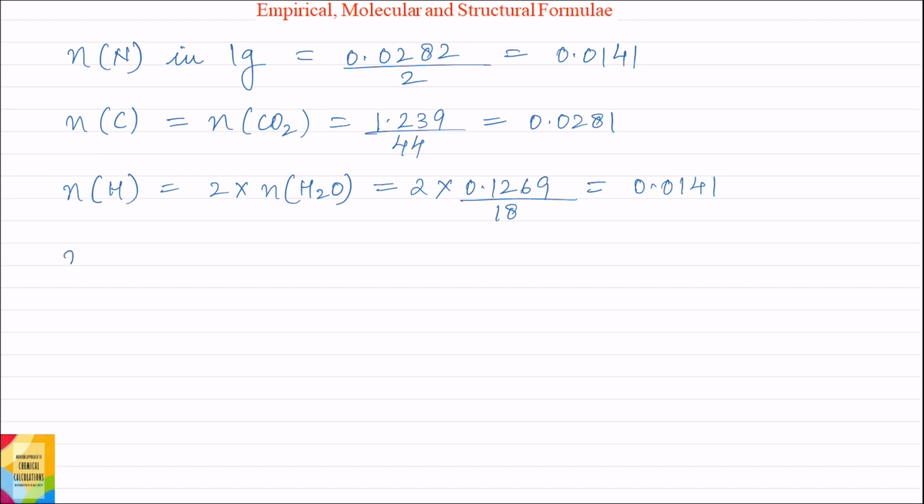Now to find moles of oxygen, it will be weight of oxygen divided by atomic weight of oxygen, which is 16.